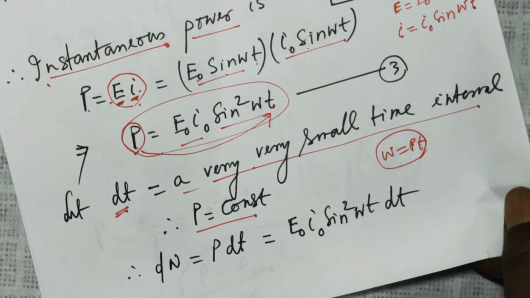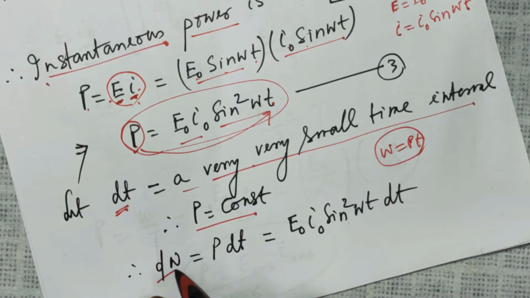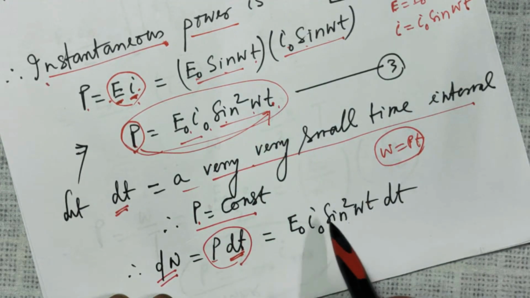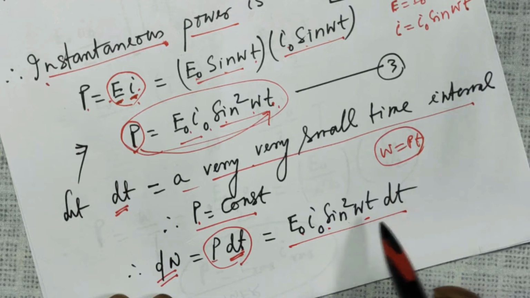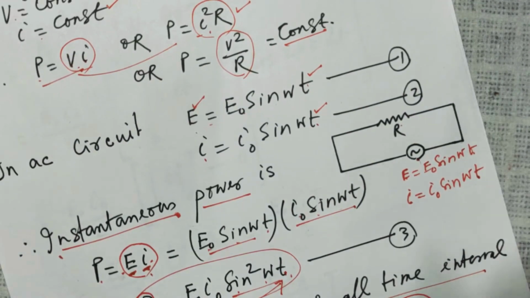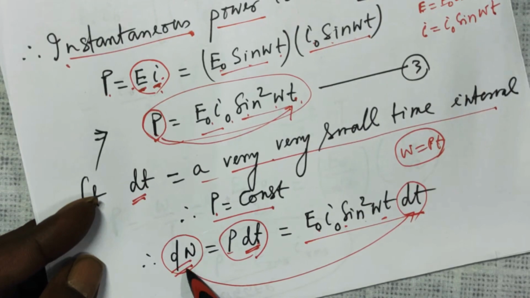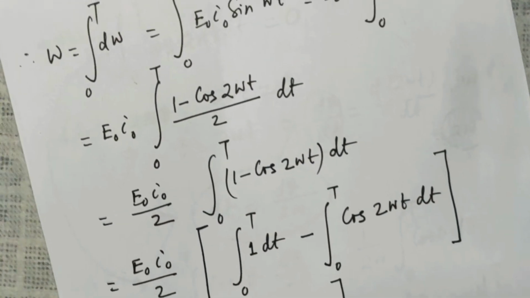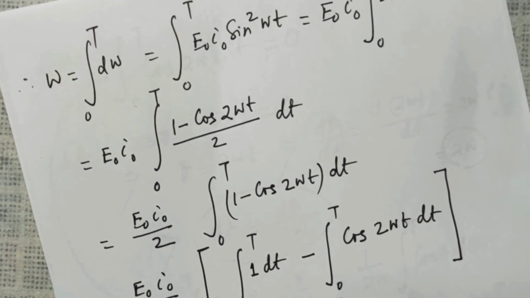So during that short time, the small work done will be power into that small time dt. So for P I now substitute E naught I naught sine square omega t, giving E naught I naught sine square omega t dt. This is the small work done in small time dt. So let us see for a complete cycle, what will be this work done. So how do you get it? By integrating it.